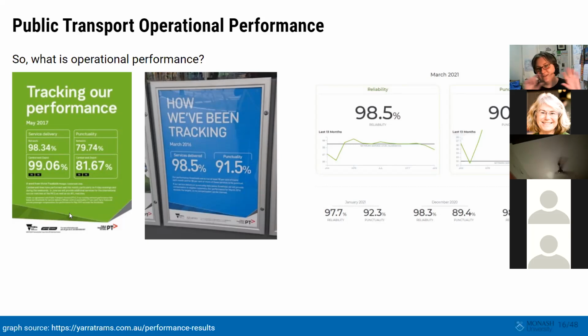So they haven't even adjusted their graph to be able to see how good that performance is by their standards. These posters go up at the stations and on trams, and it's usually quite a political thing, but it hasn't been so much of a problem during COVID because things have been running more on time.